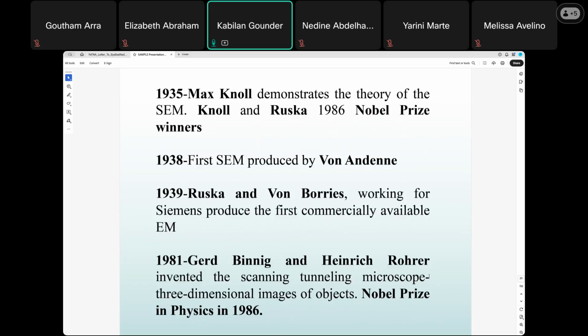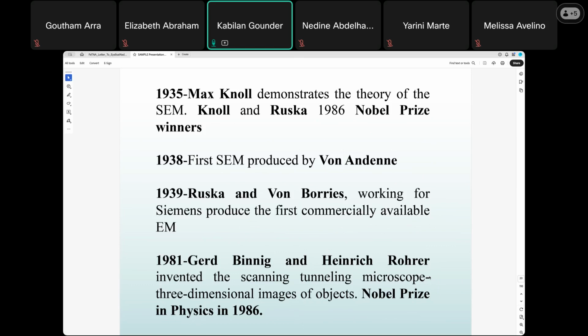Then 1935. Max Knoll demonstrated the theory of scanning electron microscopes. That is another very important milestone, for that theory, and they developed the scanning electron microscope.